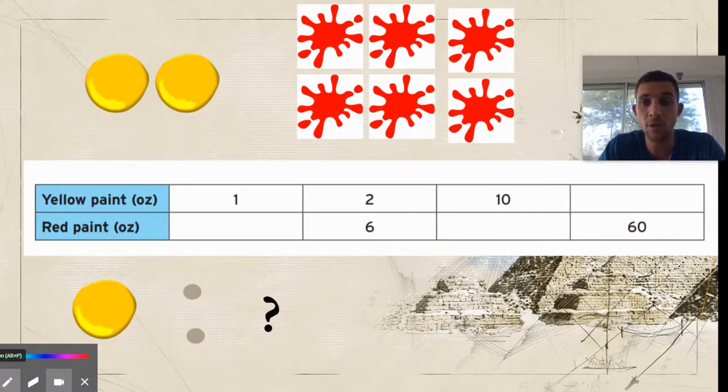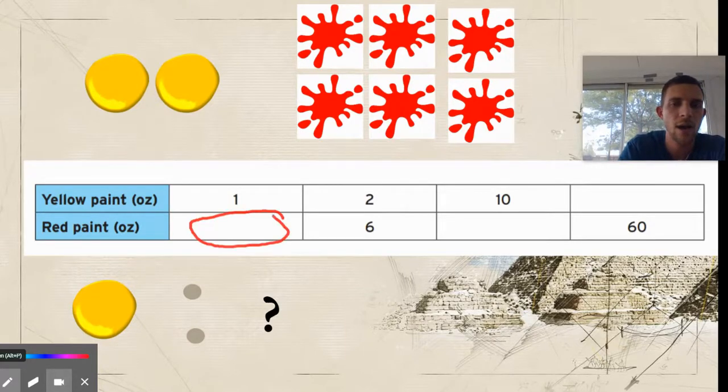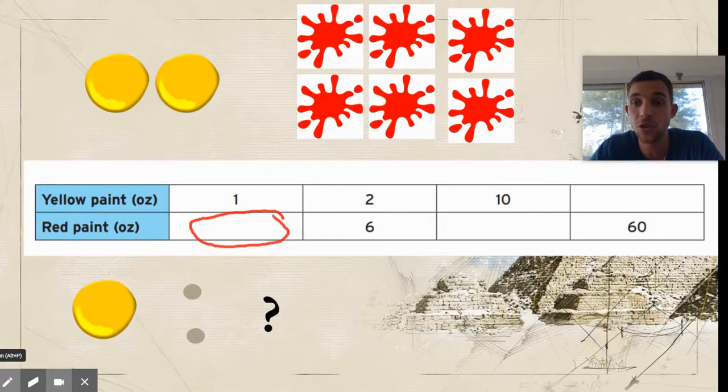In the first example, let's scale down to what's called a unit rate. In this case, we have yellow paint and we need to figure out how much red paint I need. We previously had a ratio of 2 yellow paints to 6 red paints, and that was right here.